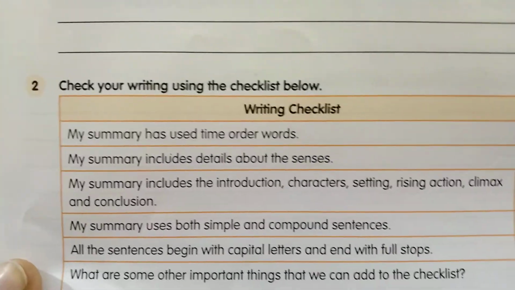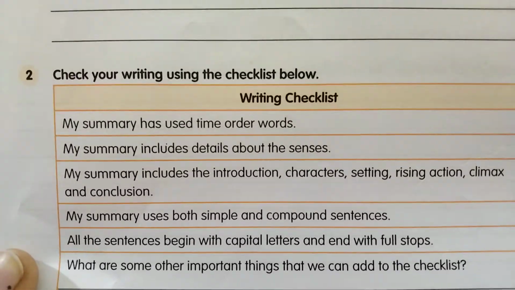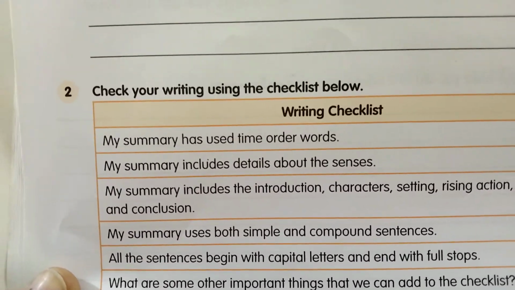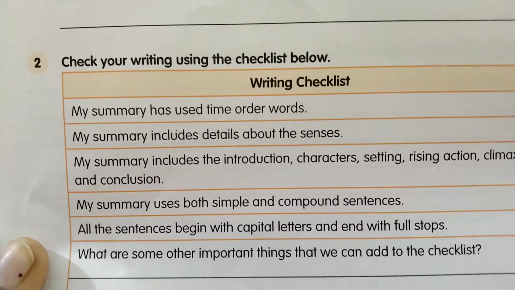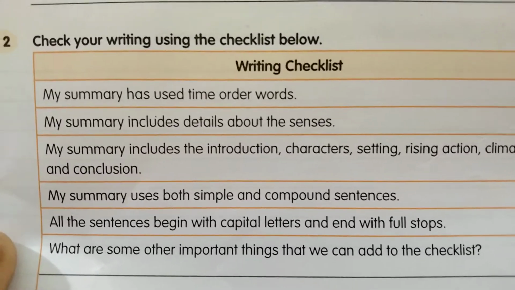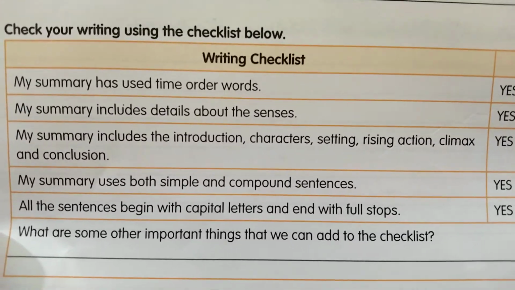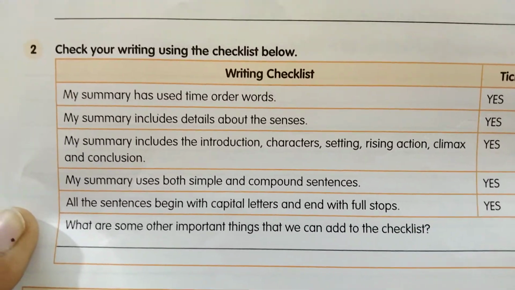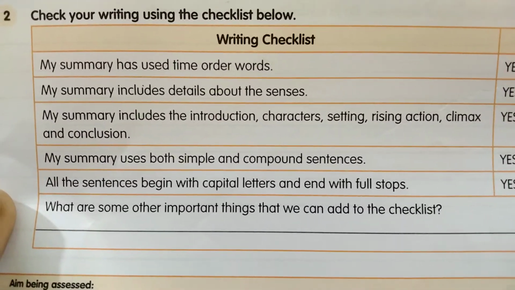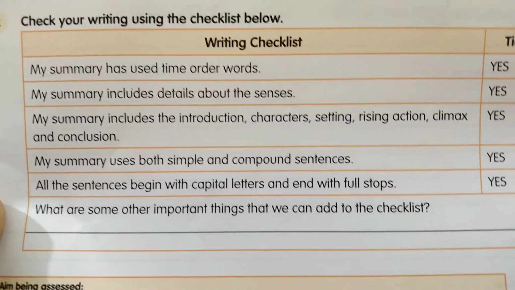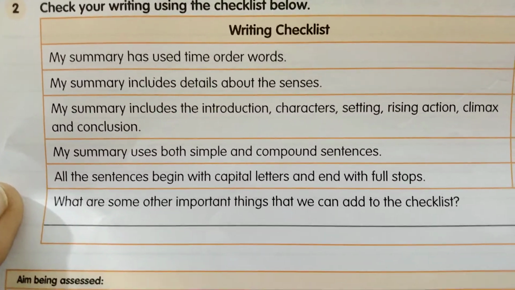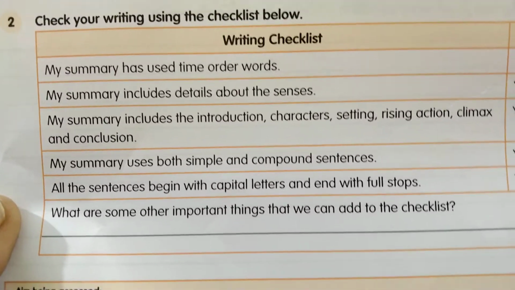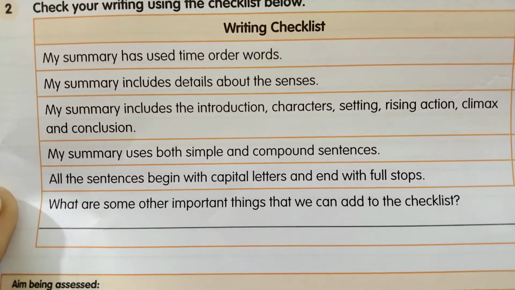First, if you go through your checklist, then you can write your paragraph really well. It must include the details about the senses, and also the introduction, character, setting, action, the rising action which we discussed earlier, climax and conclusion. Try to include all these things in your paragraph, and also use both simple and compound sentences.